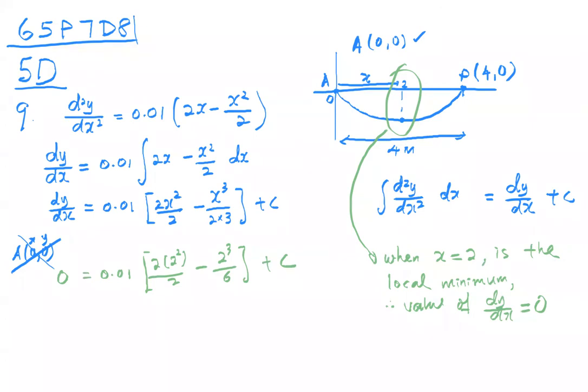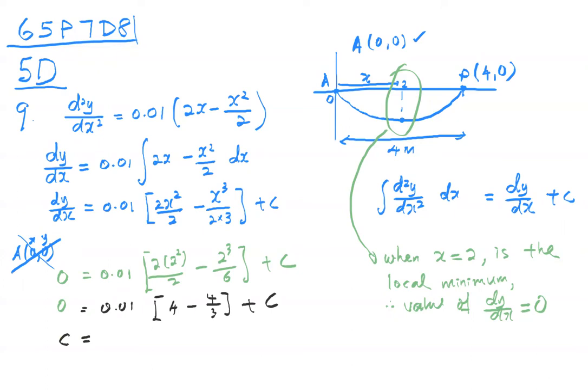8, 16 over 4, 8 over 3. This is 4, take away 4 over 3, plus c.